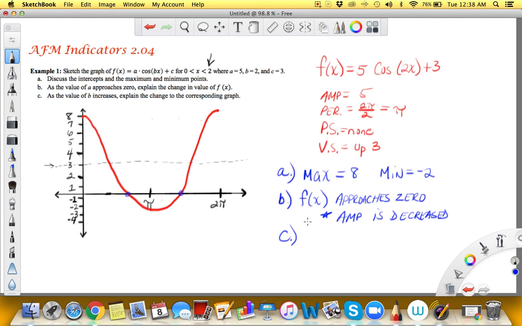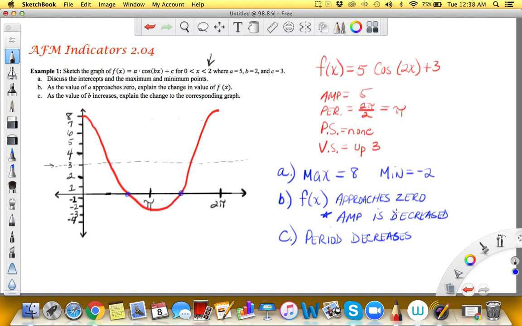On part C, it asks, as the value of B increases, explain the change to the corresponding graph. And very simple, as B increases, then the period decreases. Okay, so the period decreases as they make that change. Okay, now that's the simpler way to remember this.